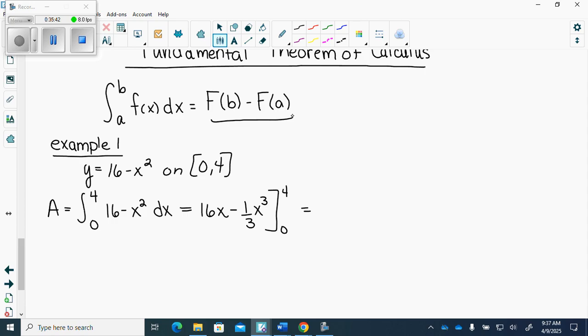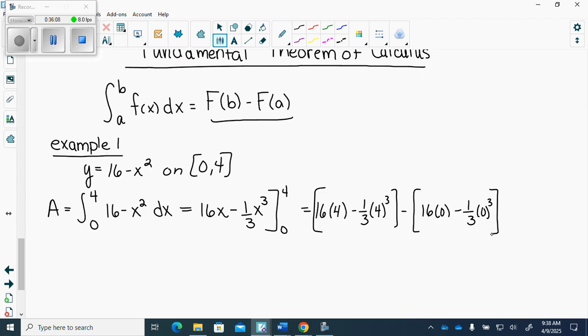That's what this is, because capital F means antiderivative, right? So we're going to get 16 times 4 minus 1/3 4 cubed, minus 16 times 0 minus 1/3 0 cubed. This one's awesome because the area is nothing.